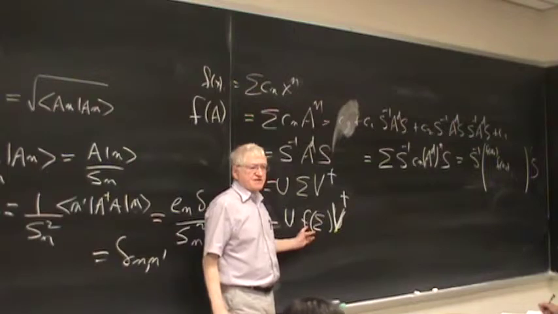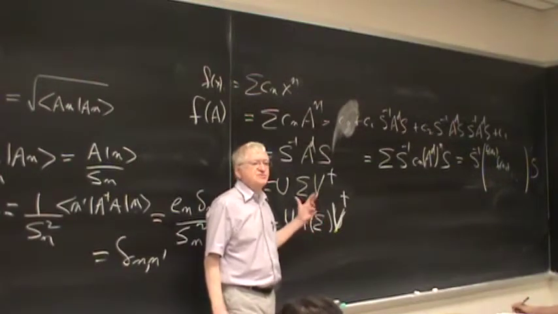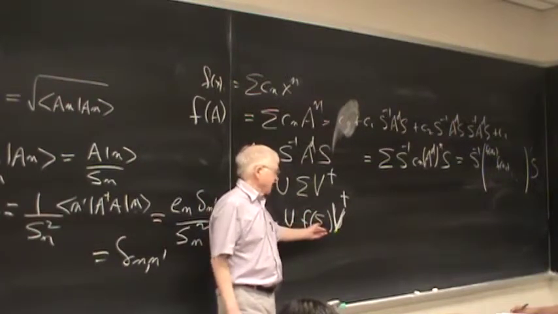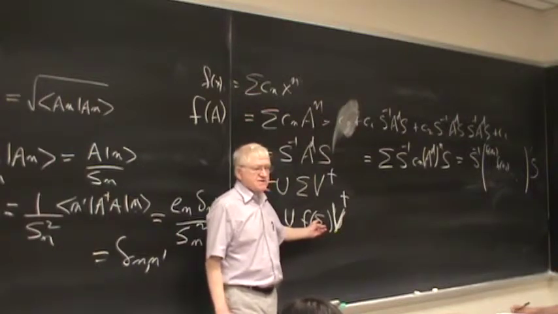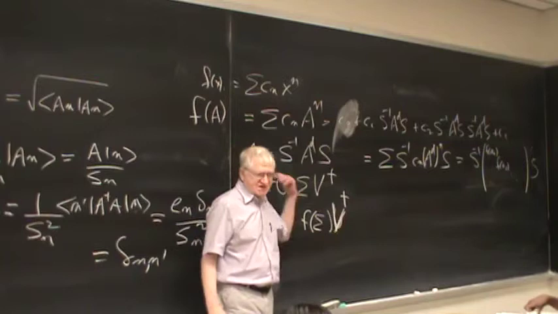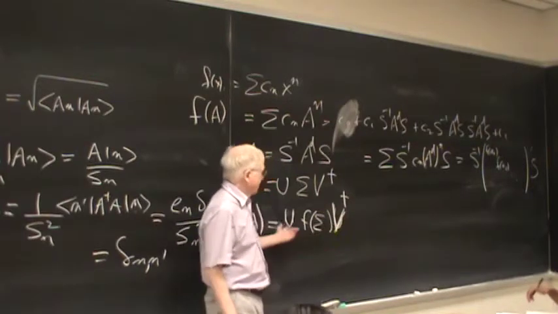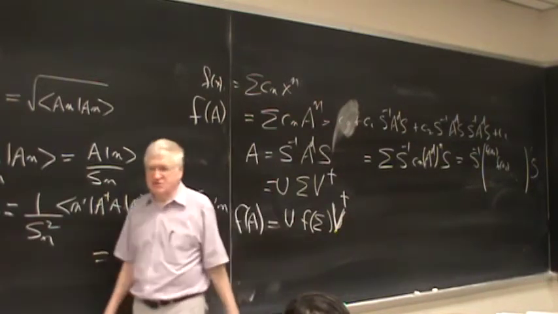Where for F, you just use sine of sigma, and it would do the thing element-wise, but everything's zero except the diagonal, and so that would be the way of doing it.